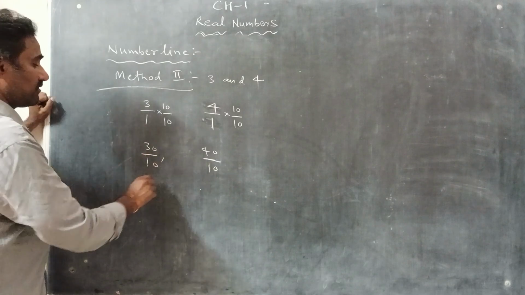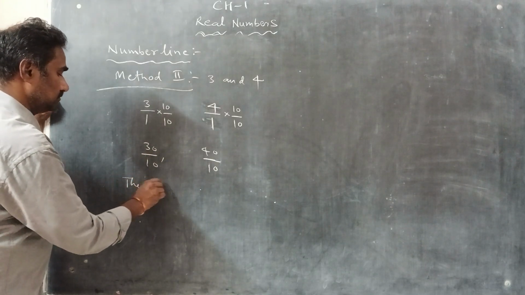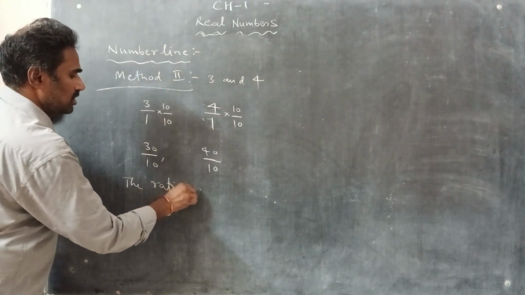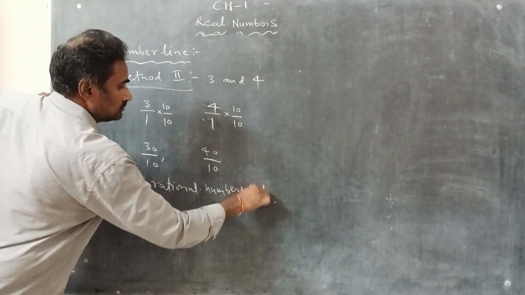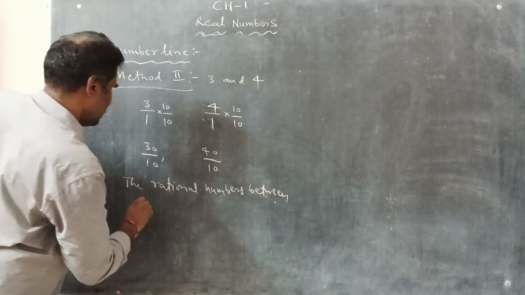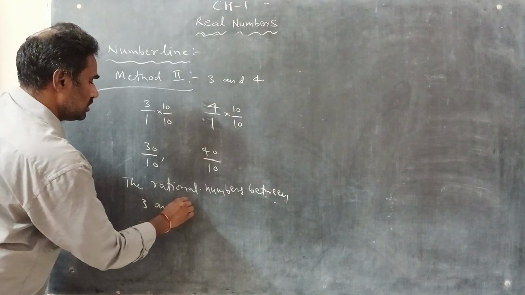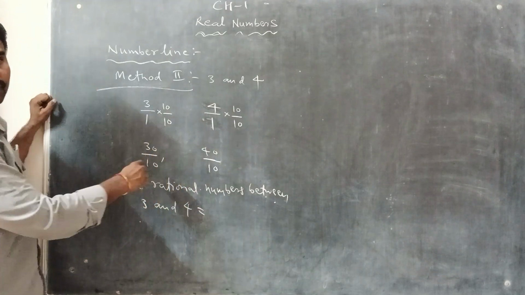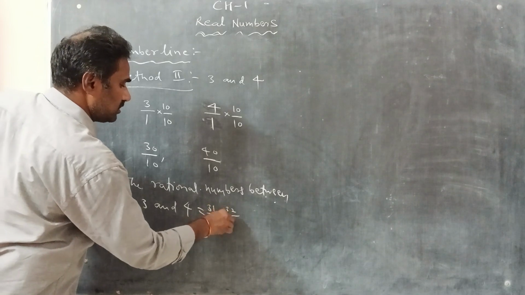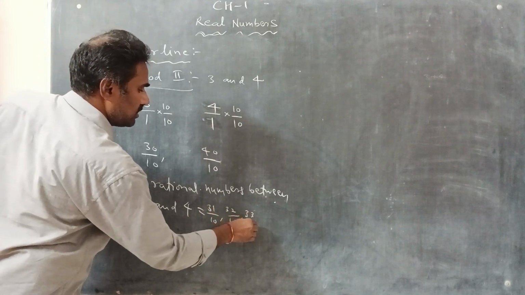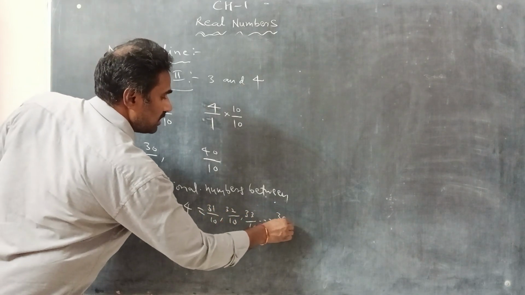In between, now I can write the rational numbers between 3 and 4, with 30 above and 40 below: 31 by 10, 32 by 10, 33 by 10, and so on up to 39 by 10.